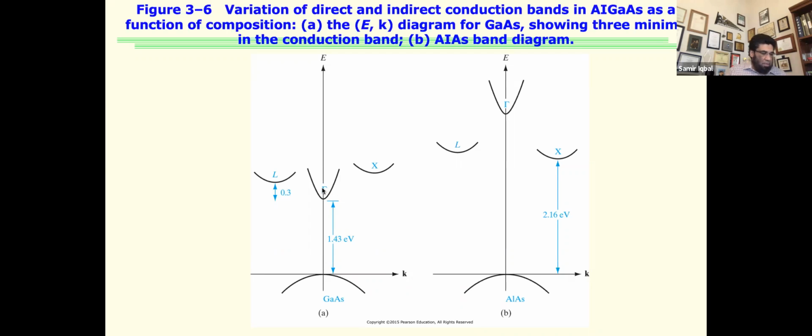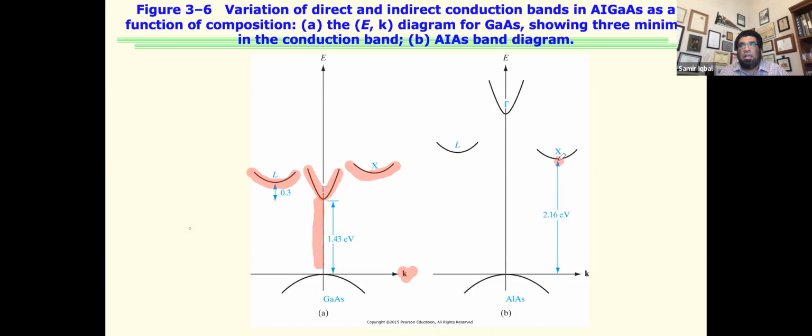So when we have the knowledge about the values of the conduction band, basically these are the minima of the conduction band in different directions with different wave vectors, different k values. If the lowest one is lined up, we call it direct.